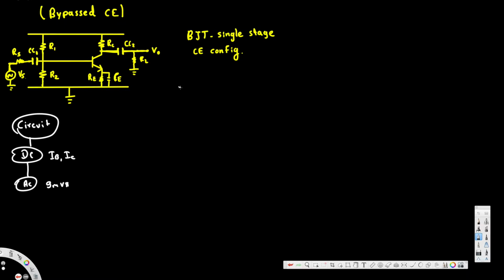To do that we can create a simple circuit from this, like this. You can apply KVL to derive the equations. This is V input, and this is our RE, and this is emitter, this is collector, this one is base. RE is connected to the ground, and from this one you can derive an equation for V input.